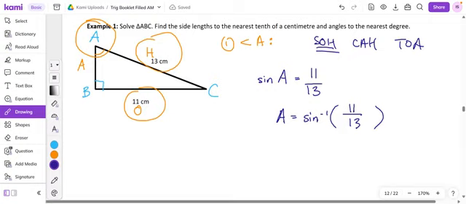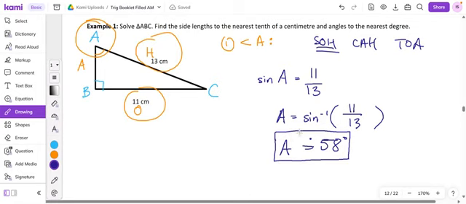You go shift, and then in brackets, you're going to go 11 divided by 13, close the bracket. How do I round? Find the side lengths to the nearest tenth and the angles to the nearest degree. Okay, and that means my angle A is 58. Because we're finding 3 pieces here, I'll put a box around anything I find.